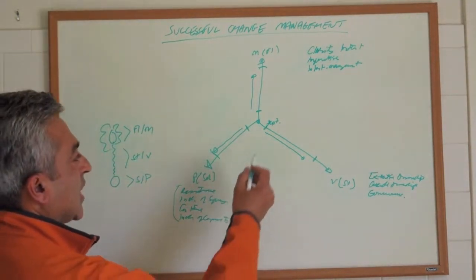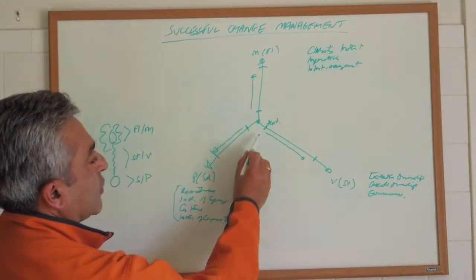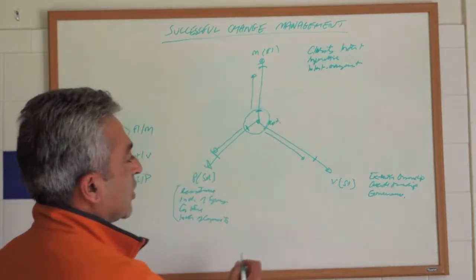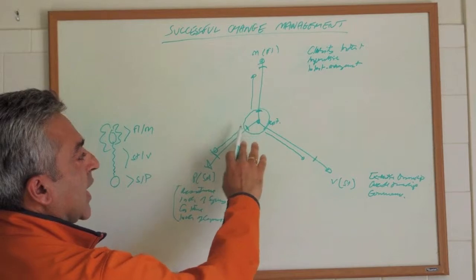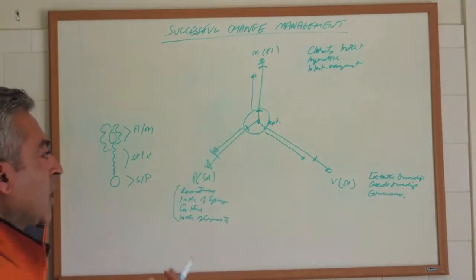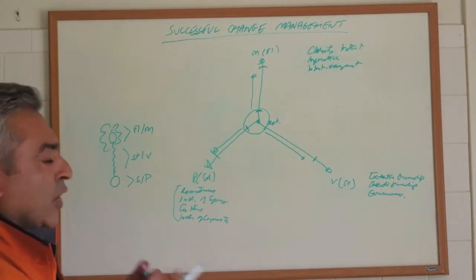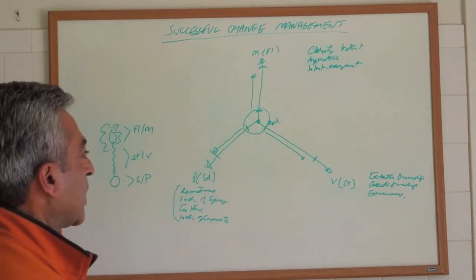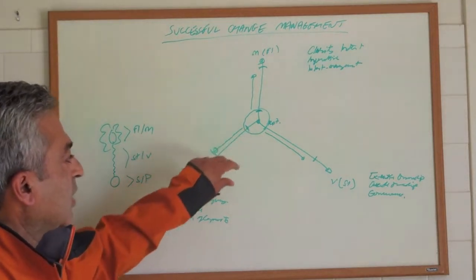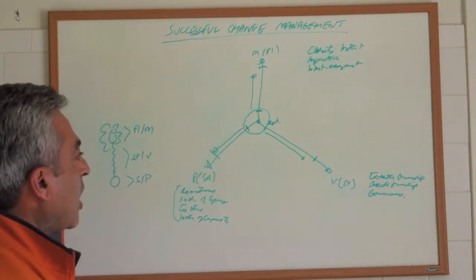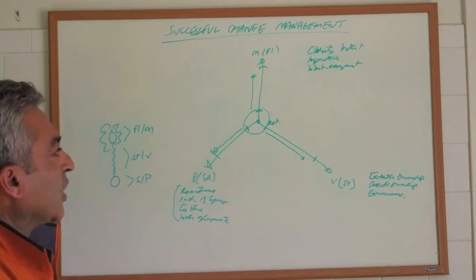What we see is that in the absence of really working these three dimensions, a change or initiative may appear as being done. However, it's really like a black hole, because the organization thinks it's done something, but all it's doing is sucking in a lot of resources and a lot of cost, but nothing really is happening.